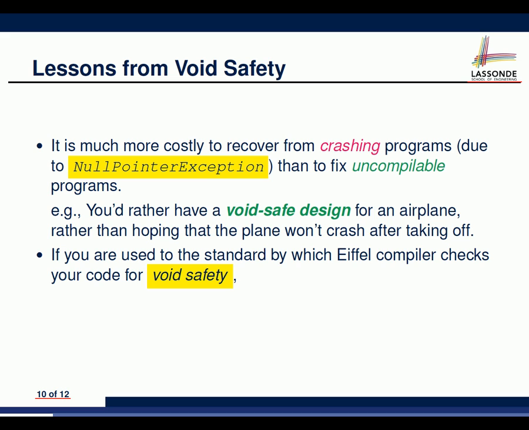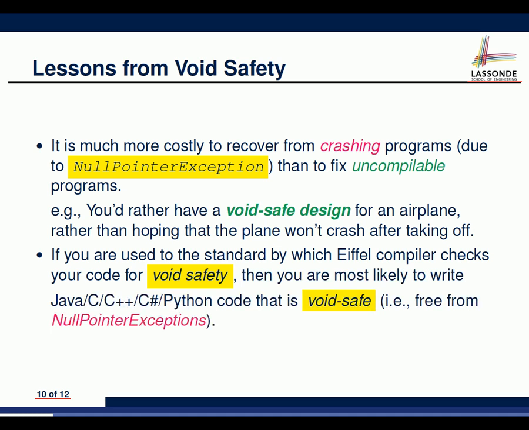Now, this is my hope for everybody. After this course, if you don't program in Eiffel again, most likely, if you're really used to and appreciate the idea of void safety, when you go back, this is what I hope you will do: make sure you always initialize the attributes, and whenever you make a method call, make sure the target is not void or null.